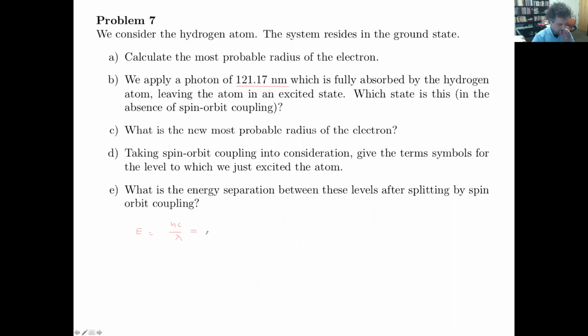So I can fill it out, and what I'm getting is 1.64 times 10 to the minus 18 joule. That sounds like a number that I believe. Again, every time I get a number out, I just want to check if this number makes any sense at all. 10 to the minus 18 joules are typical energies for transitions in hydrogen and other atoms.